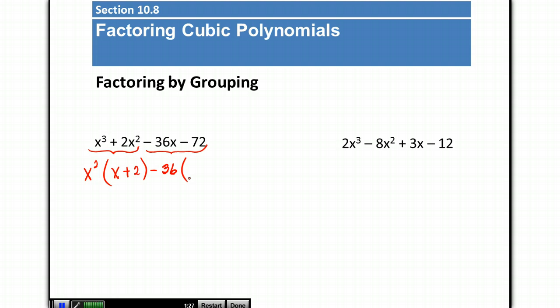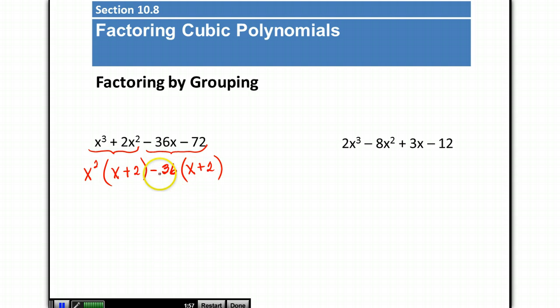So negative 6 would work, but we want to take out the largest factor that would go into both of them. If I divide this by negative 36, what's left? X. And what's negative 72 divided by negative 36? Plus 2. I took out a negative, so a negative divided by a negative would be positive 2.